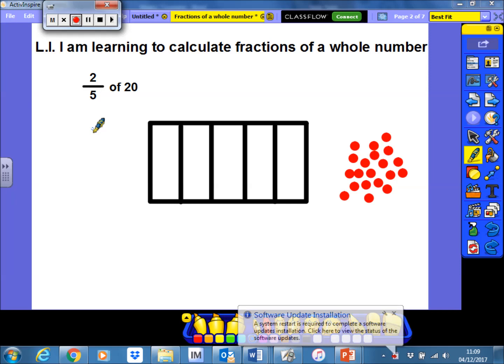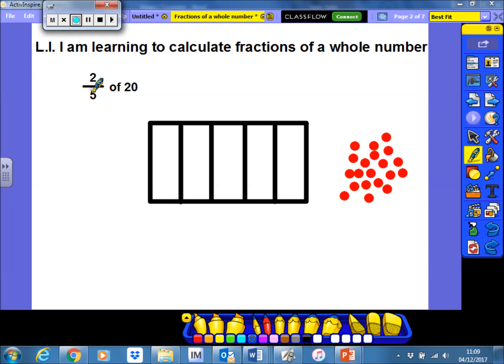Now, in this example, we're being asked what 2/5 of 20 is. So, I'm going to start off by splitting the number 20 into fifths, so into 5 equal groups. For quickness, I'm going to do this using the times tables method to start with. So I'm going to do my 5 times table up until I get to 20. And there we go. So that was 1, 2, 3, 4 stations.